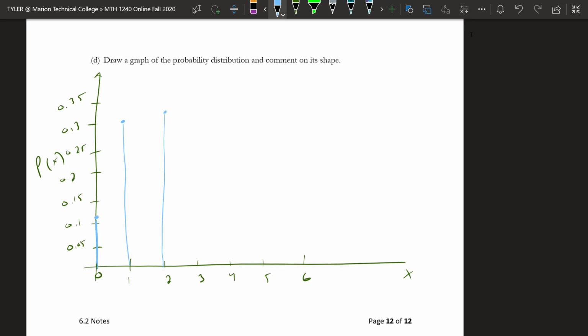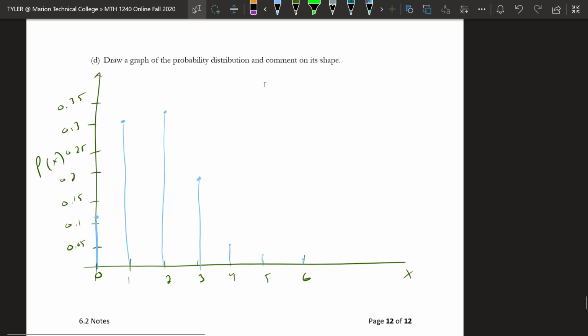For x equals 3, the probability was about 0.1852, so 0.18. For 4, the probability was about 0.05. For 5, it was about 0.01. And for 6, it was really tiny, so it was practically 0. So just have a really little dot.